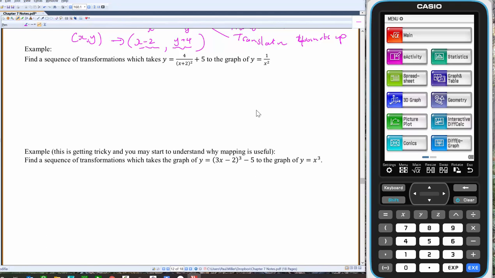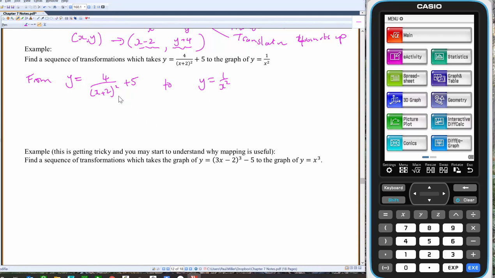All right, now that you've got yours written down, what we're going to do is actually get the mapping to do this for us. So I write the words from y equals 4 over (x plus 2) all squared plus 5 to y equals 1 over x squared.